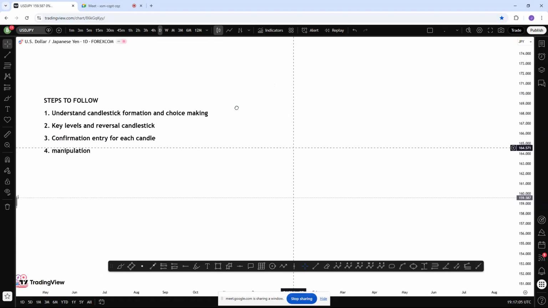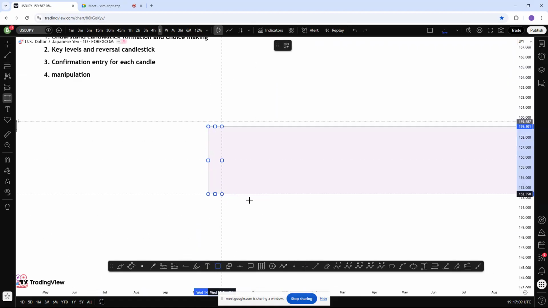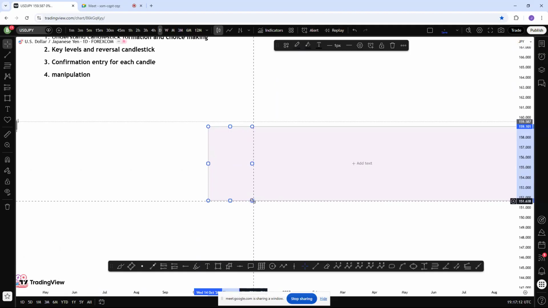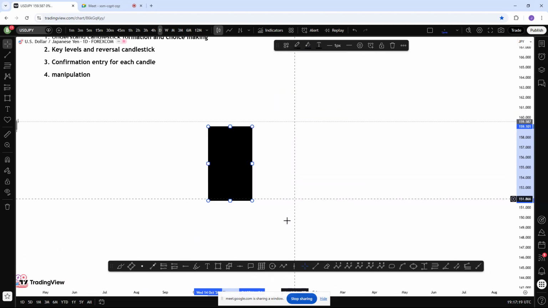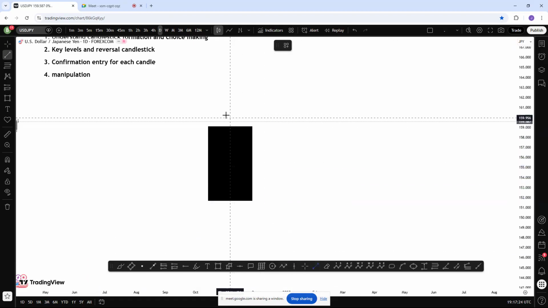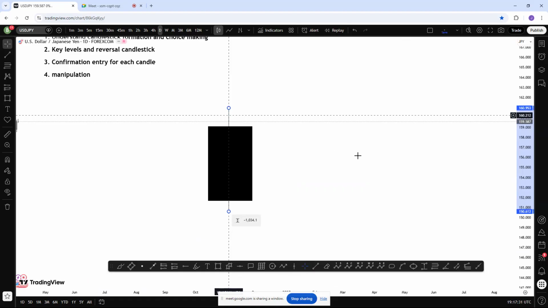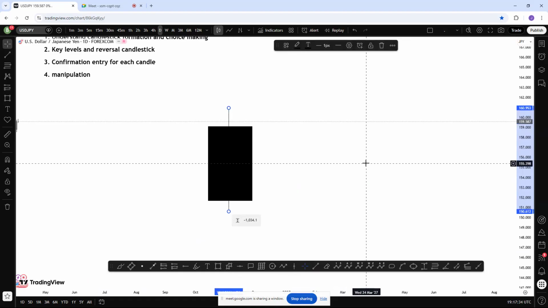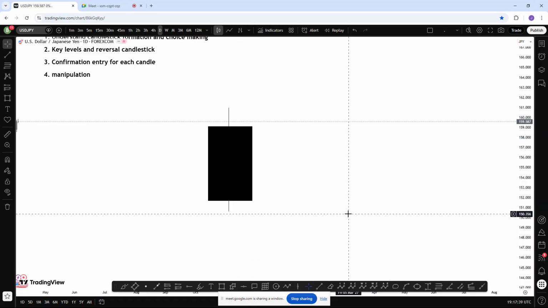So basically, understand that every candlestick has a process. It will flow on a time frame to form. Assuming this is going to be a bearish candle, before you start trading, try to understand the candlestick you are going to trade.